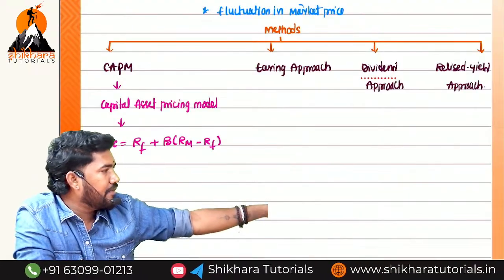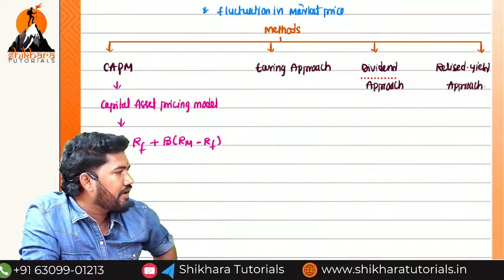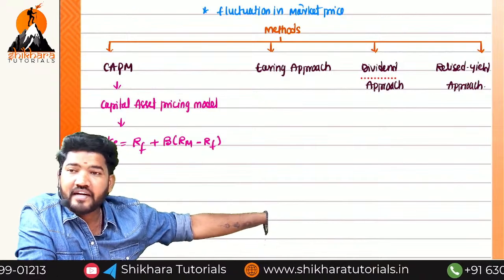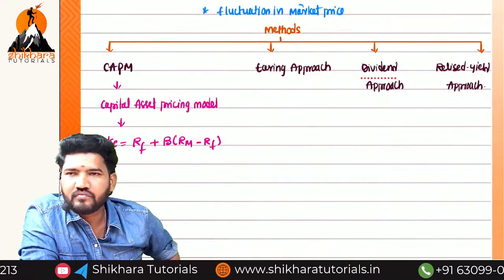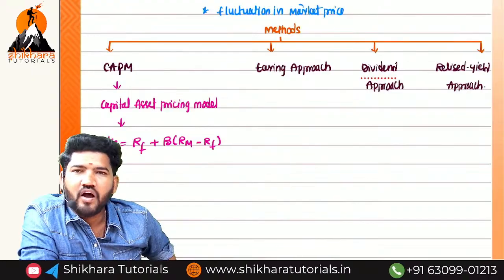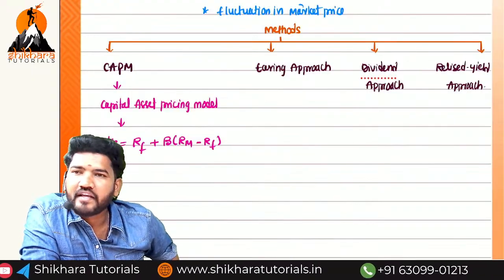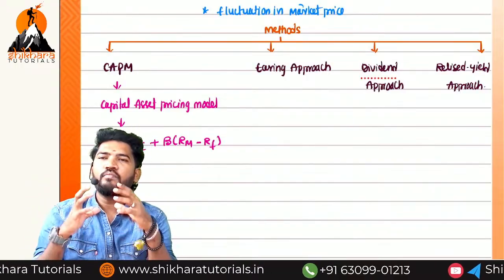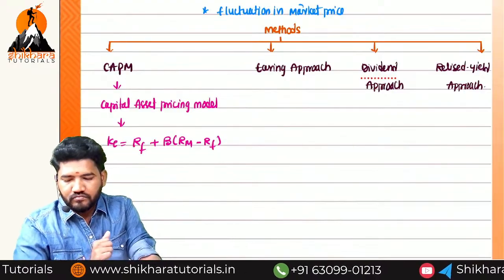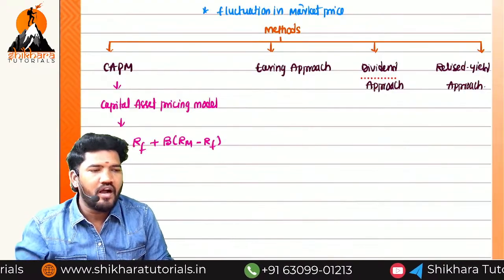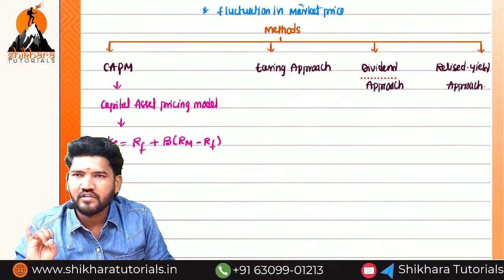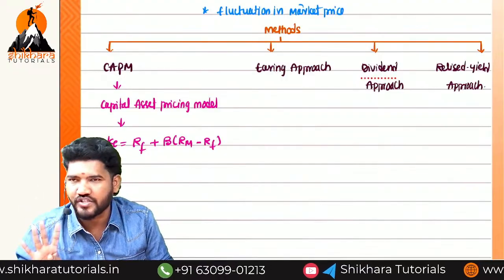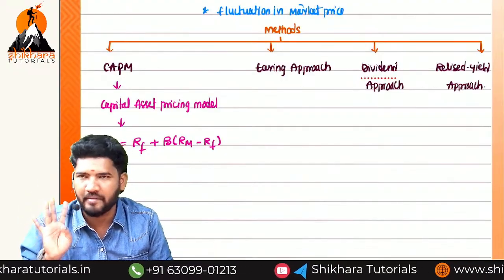Now in the bracket, RM minus RF. RF you already know: risk free rate of return. RM represents return on market portfolio. The word portfolio means, suppose I have Adani group shares, Reliance shares, TCS shares, and Mahindra and Mahindra shares.